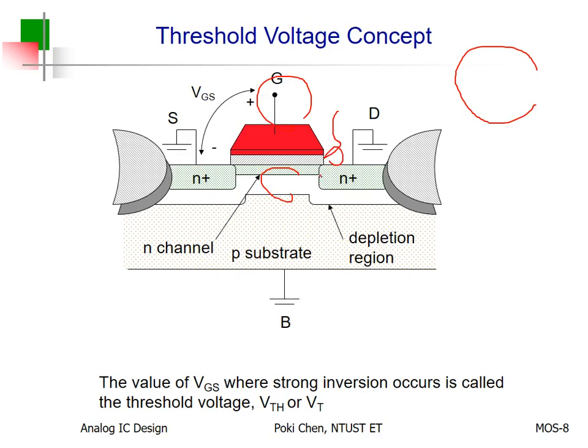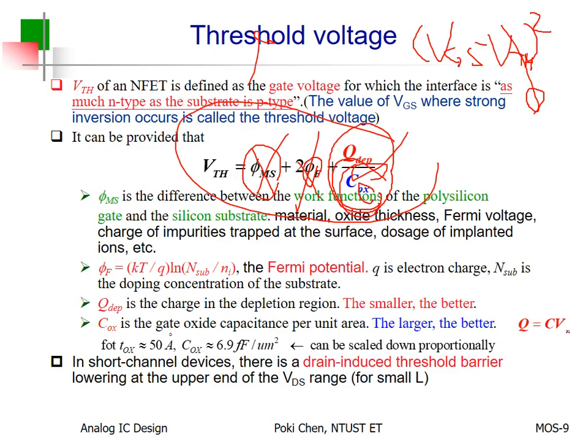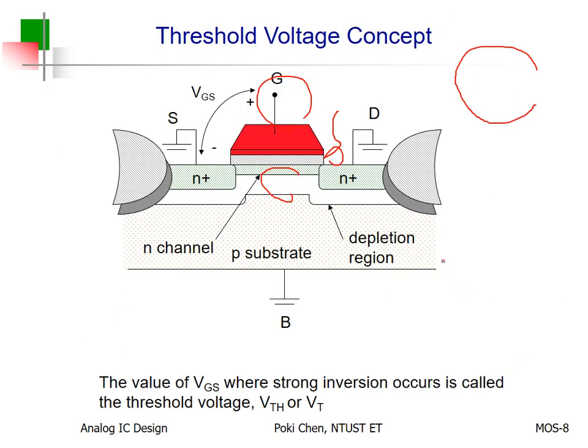So for such a parallel plate capacitor, 平板电容, what is the equation for a parallel capacitor? C equals epsilon A by D, right?